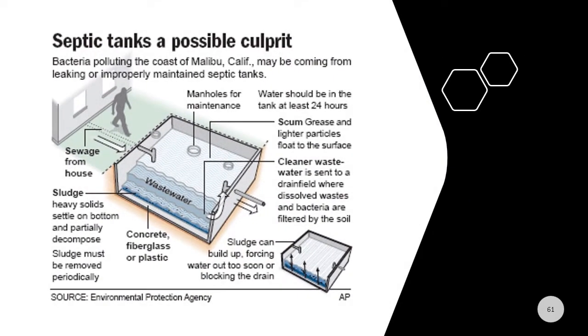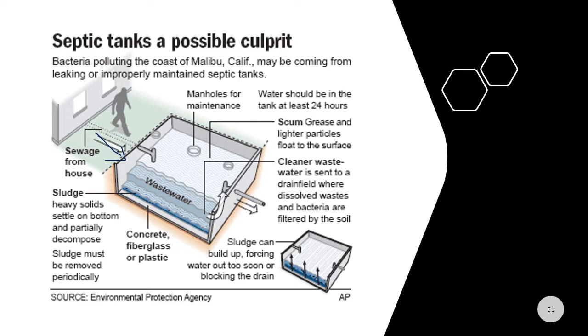Septic tank, a possible culprit in pollution. So bacteria polluting the coast of Malibu, California may be coming from leaking or improperly maintained septic tanks. If you look at here, sewage datang daripada rumah ni, okay, and then masuk pada this septic tank.